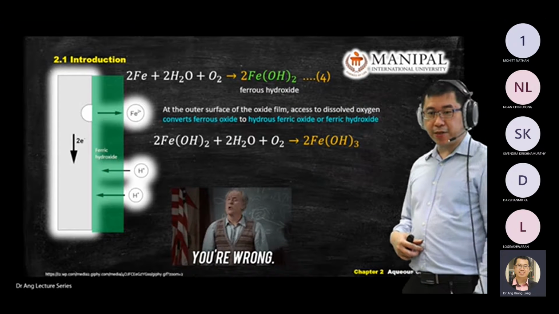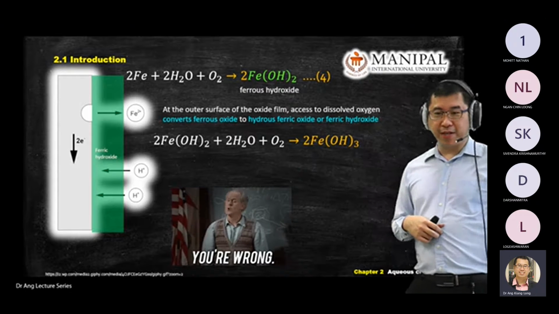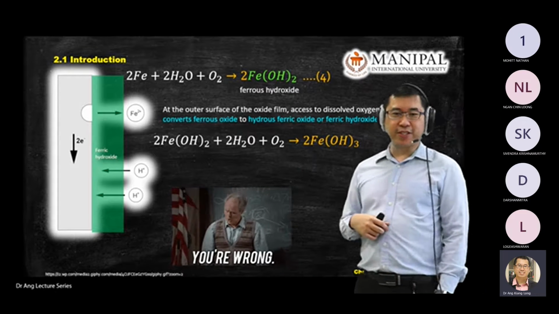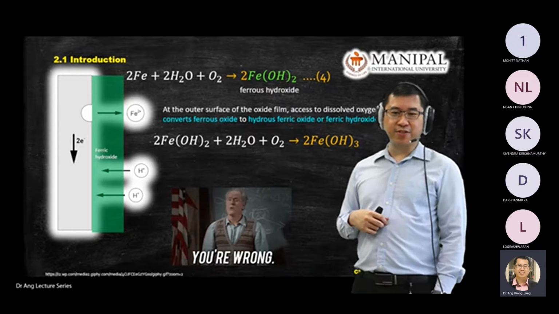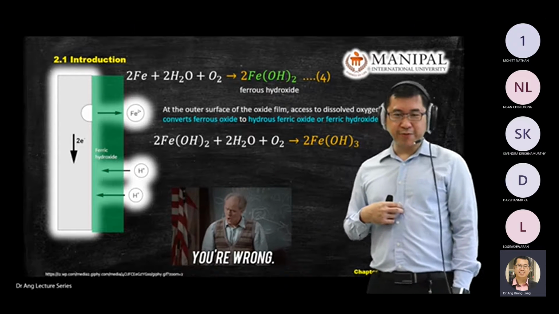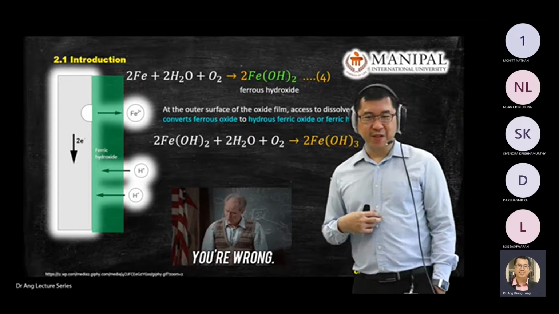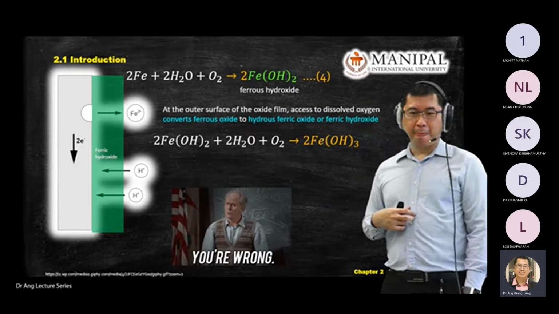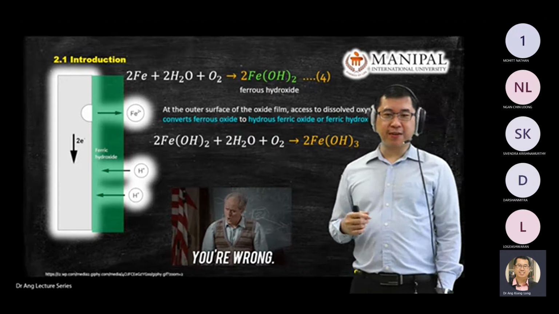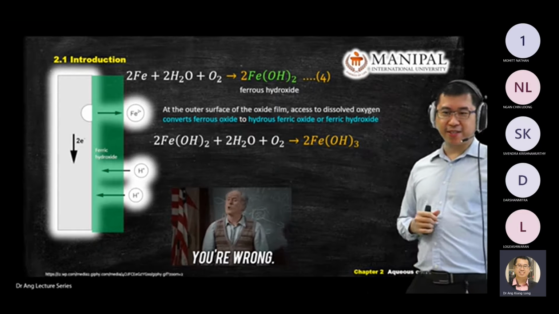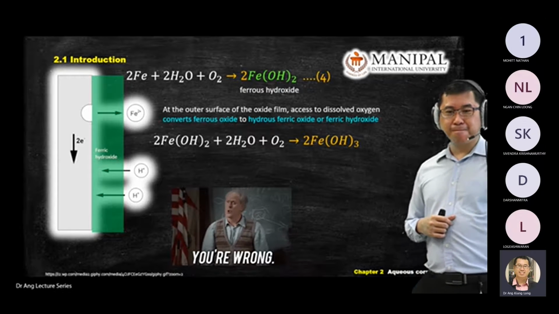I'll give you a hint. When you check the chemical balance, start with oxygen. You can start with oxygen, or you can start with hydrogen. My personal preference, I like to start with oxygen. You balance the oxygen on both sides first, then you will see how to balance the rest.